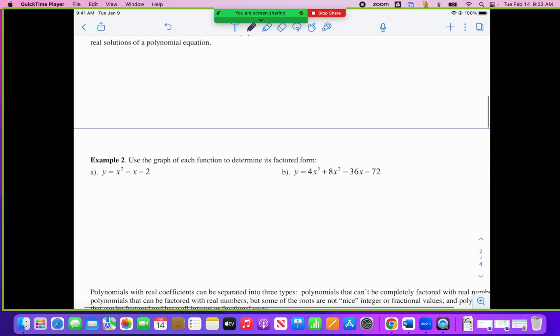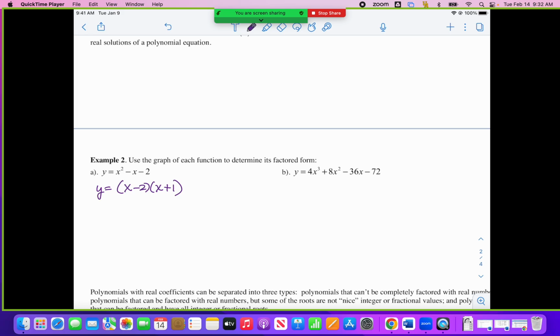All right, so let's look at example 2. If I want to find the factored form, this one is x minus 2 times x plus 1. And here's what I want you to do.